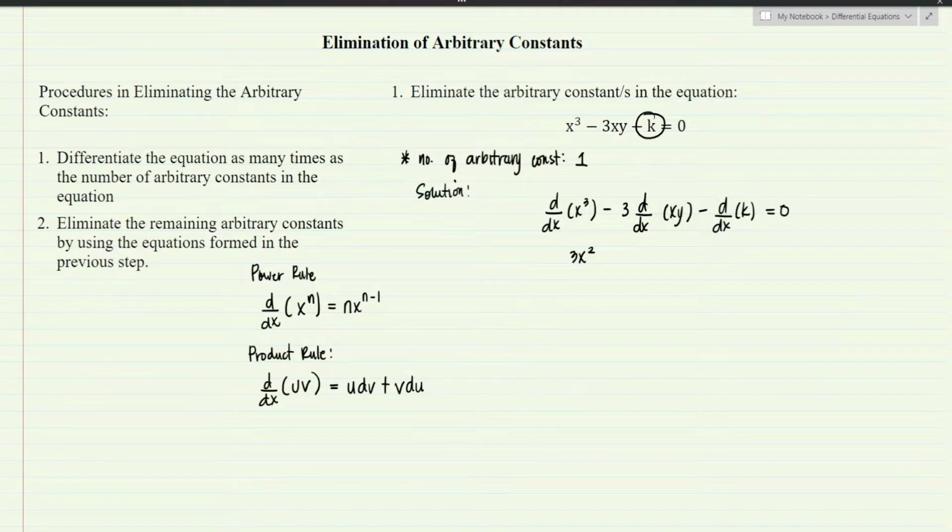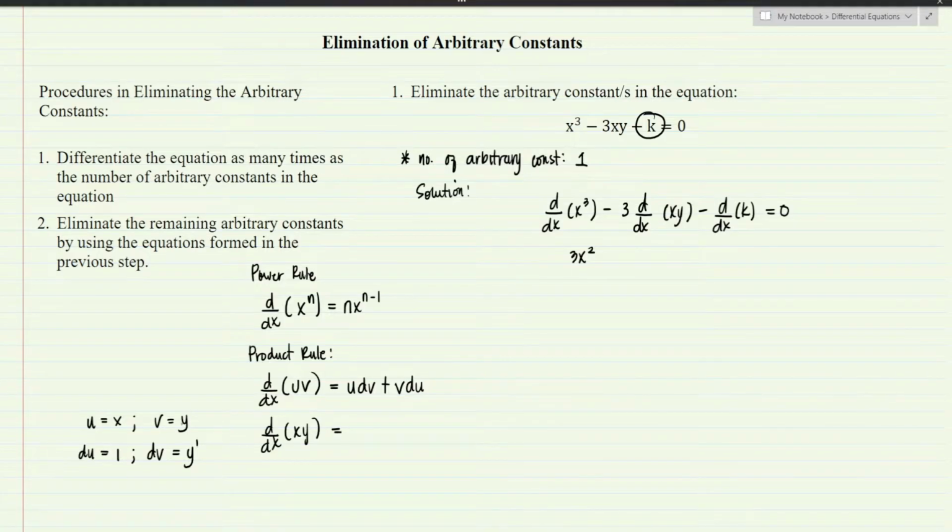So if I apply the product rule on xy, I will just assign a function for my u and v. For this case, I will let u equal x and v equal y. The next step is to determine the derivative of u and v. The derivative of u, since we have x, would be 1. And the derivative of v, since I'm using the prime notation, the derivative of y would be equal to y prime.